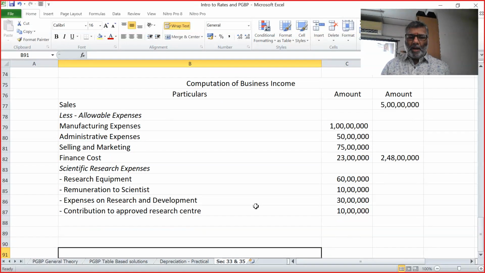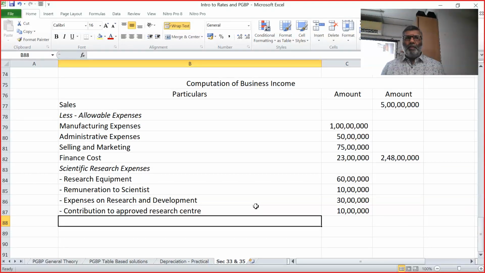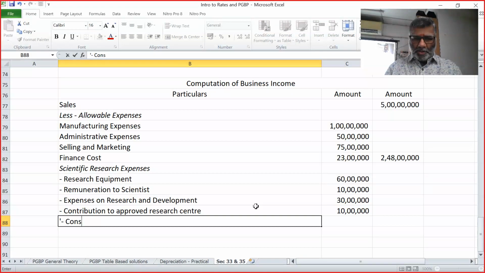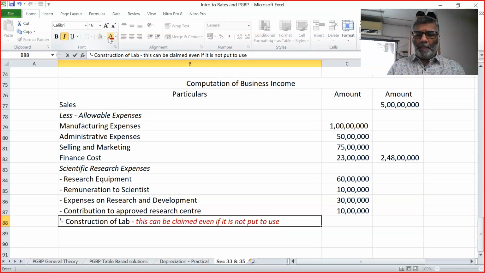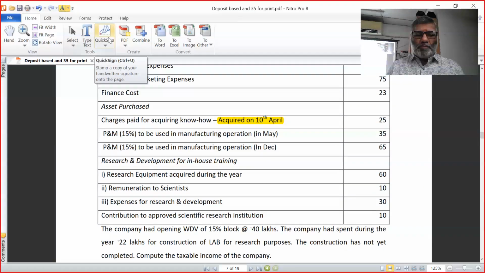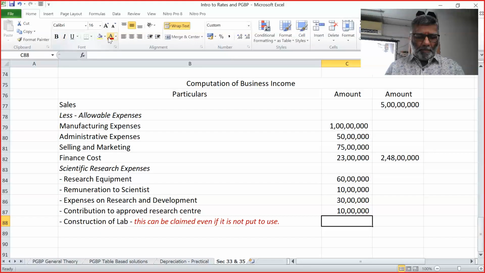And please remember the construction of lab can be claimed even if it is not put to use. Section 35 does not have the condition of put to use. You should have spent it for scientific research. That comes to 22 lakhs.